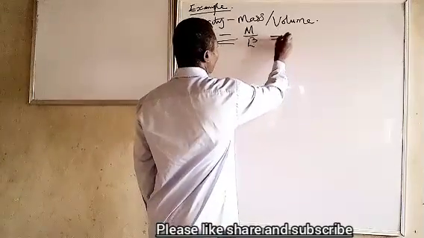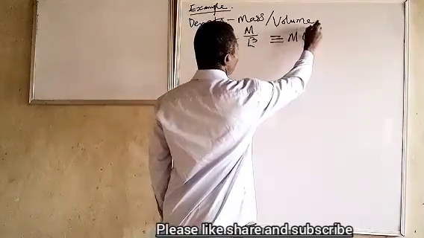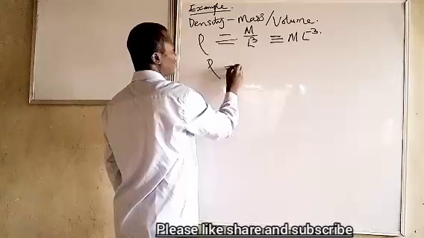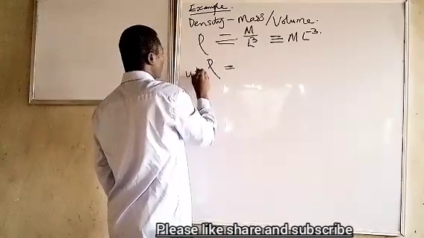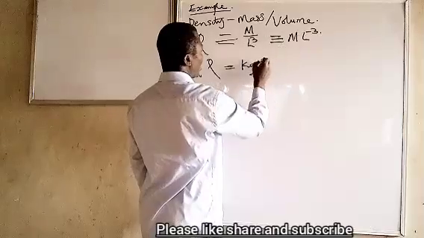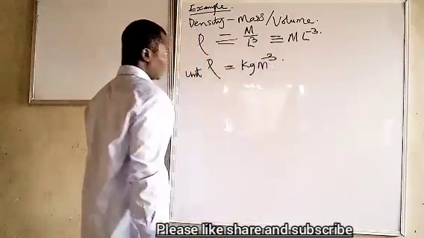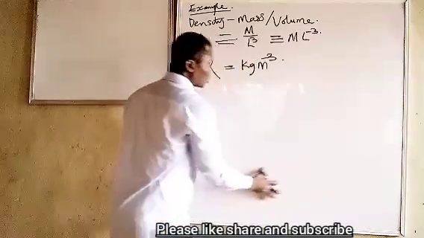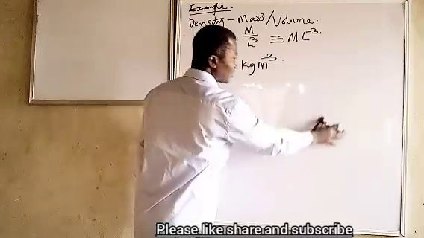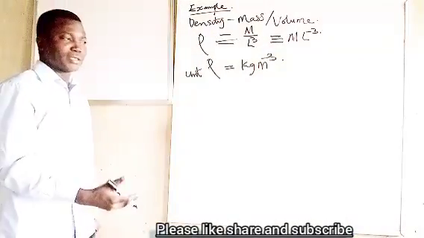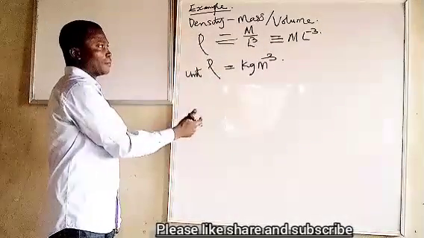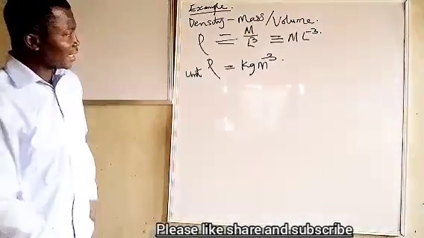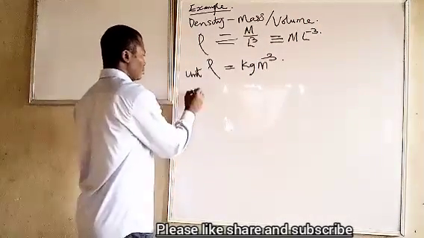So I can say M over L cubed. So what is M? Kilogram. So the unit of this one is going to give me kilogram per meter cube. So you can see dimension opens your eyes quickly to know, especially when you have a multiple choice question. You can easily find the unit of a quantity if you know its relationship to another physical quantity or fundamental physical quantity. It is very easy.